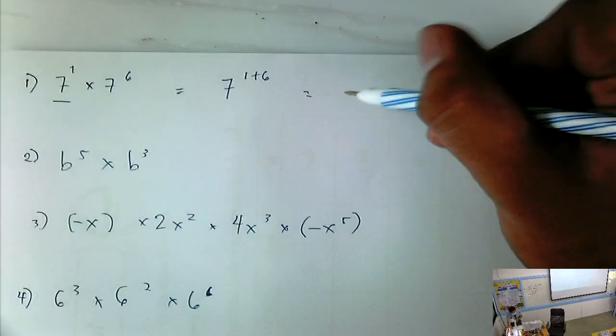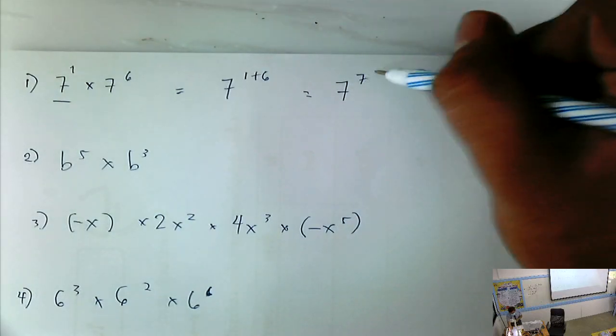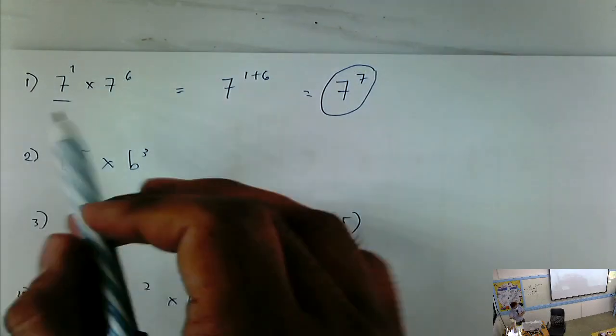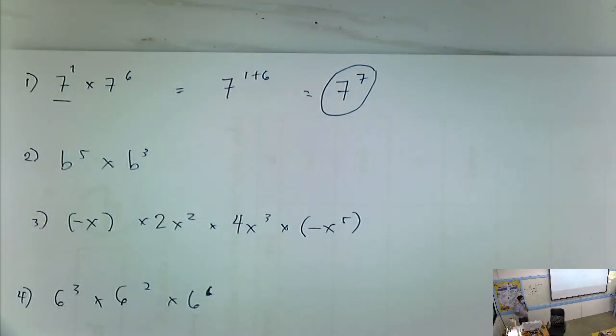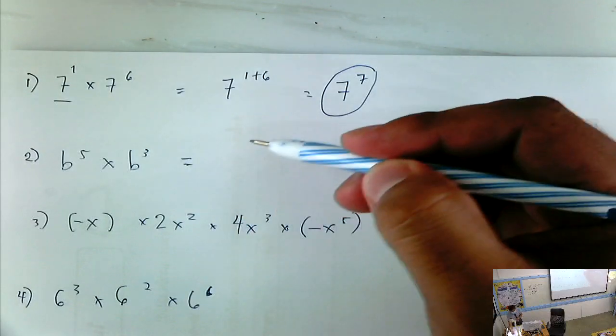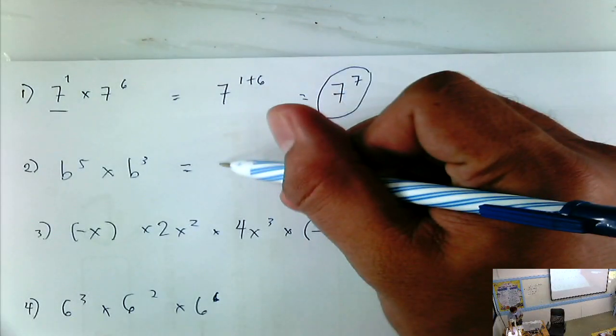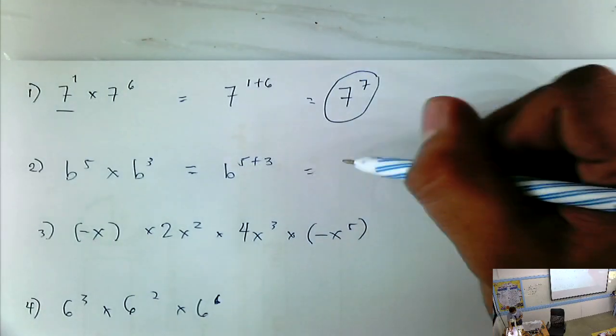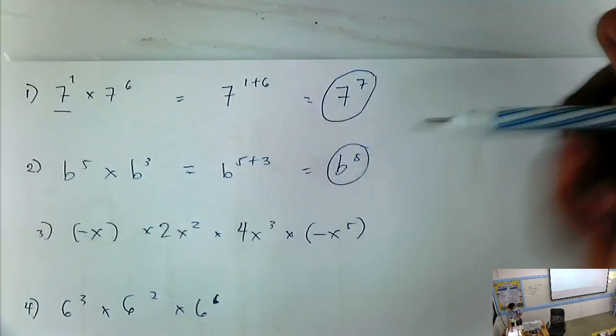And the answer is 7 to the power of 7. Remember, you are going to copy the base and add the exponent. Next, b to the power of 5 times b to the power of 3. That would be b to the power of 5 plus 3, which is equal to b to the power of 8.